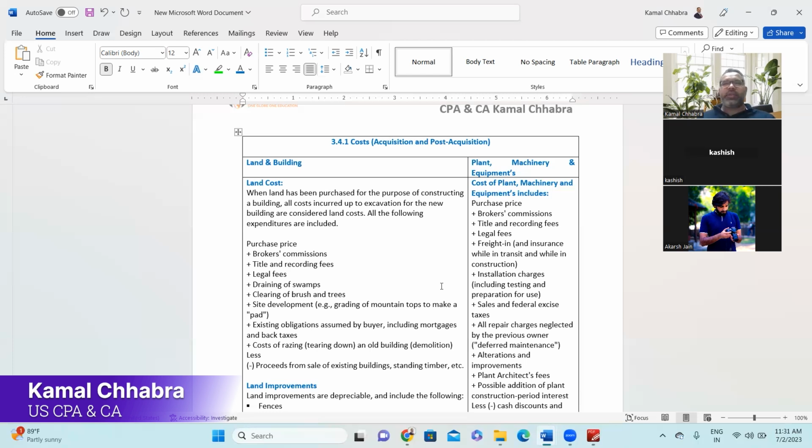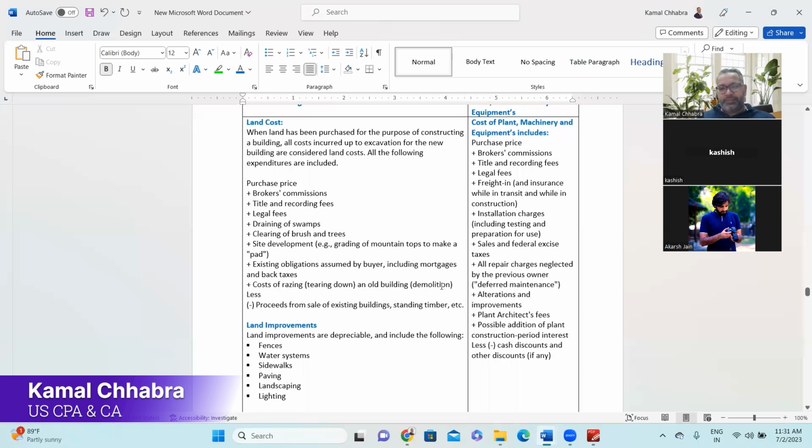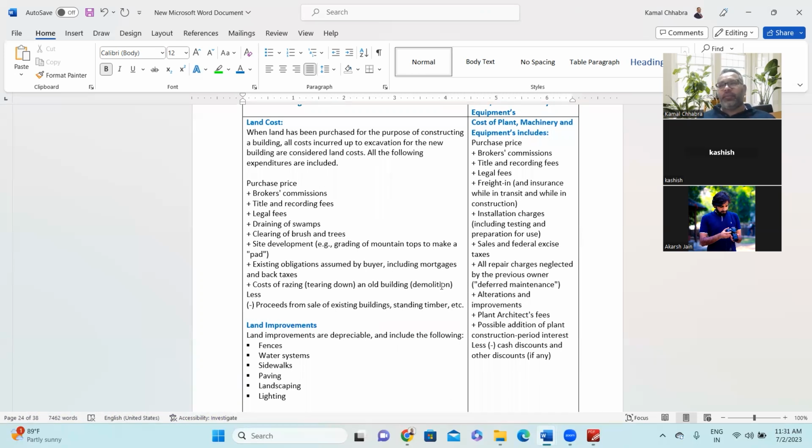And that land cost is not depreciable, right? So that may include your purchase price, broker commission if you have paid any, title and recording fees, that means any legal fees you have paid to the respective authorities, right? Any legal fees you have paid to the lawyer for the preparation of the property papers, right?